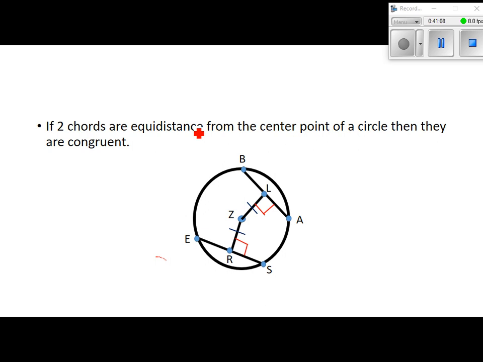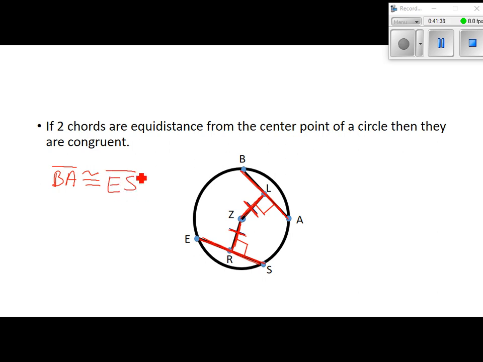This is a theorem that is based off of that last theorem. If two chords are equidistant from the center point of a circle, then they are congruent. So if I have these two chords, and I know the distance from here to there is the same as the distance from here to there, which these congruent symbols tell me, then I know that this chord, segment BA, has to be the same length as the other chord, segment ES.